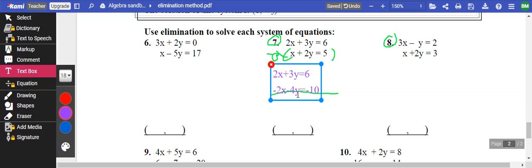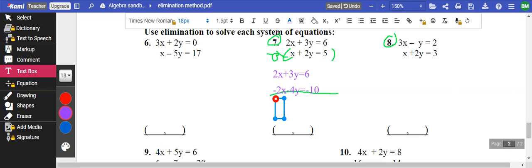Negative 2x plus 2x is 0. 3y and negative 4y, it's a negative y. Don't forget that negative. And then 6 minus 10 is a negative 4.